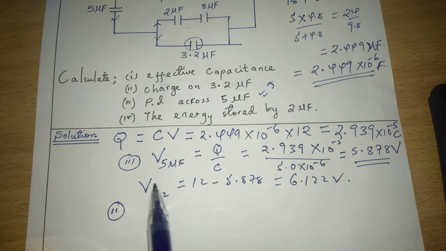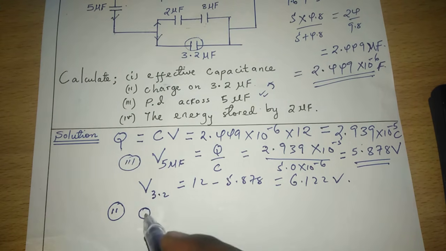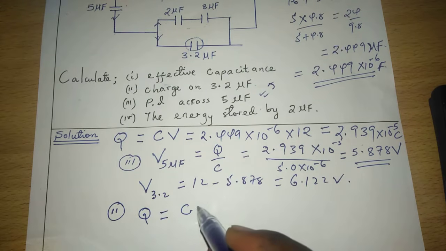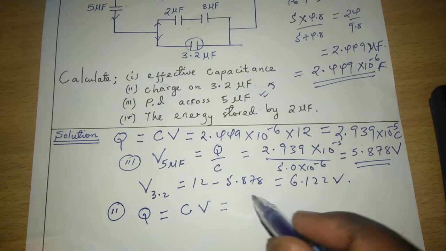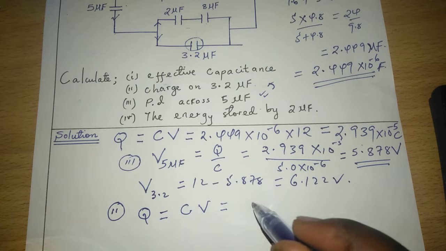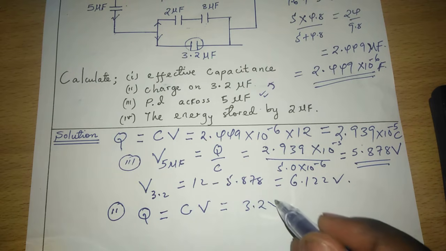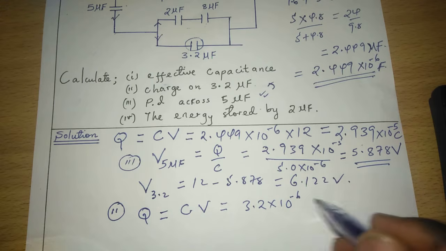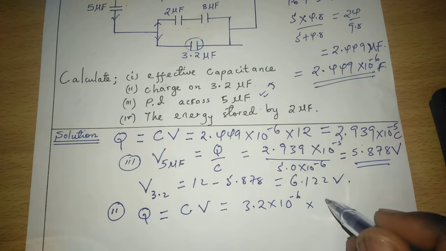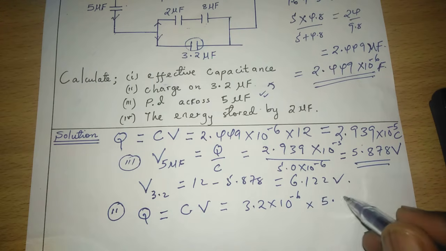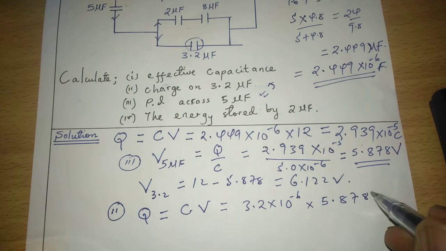So Roman 2, to get charge, we need C and V, and we got both. The capacitance is 3.2 multiplied by 10 power negative 6, multiplied by a voltage of 5.878.